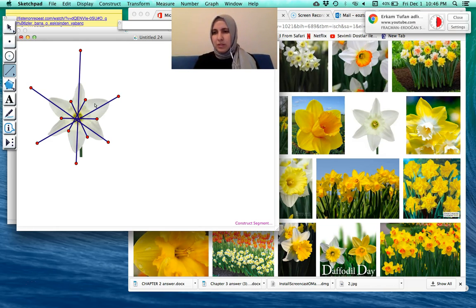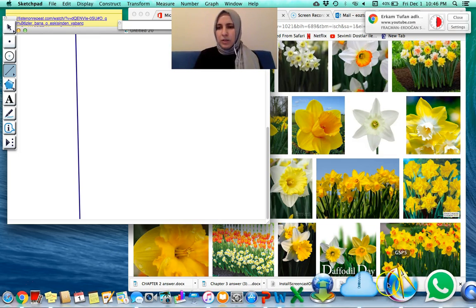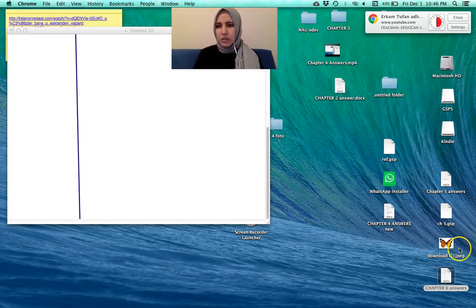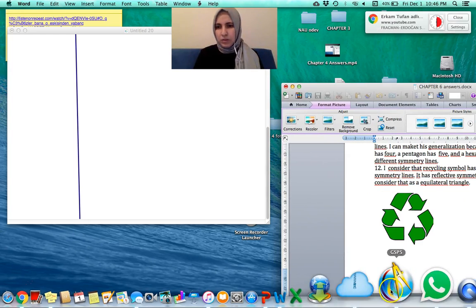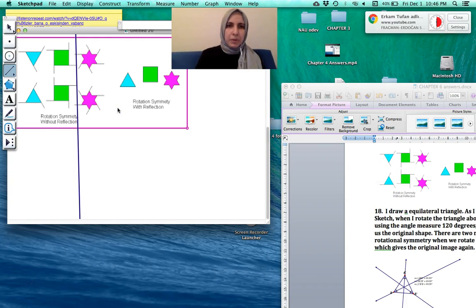As we see, the rotational symmetry without reflection and rotational symmetry with reflection give the same shapes. It doesn't matter for the regular shapes. And where can we find it? I want to show an example of it. Where are my answers? Copy and paste.